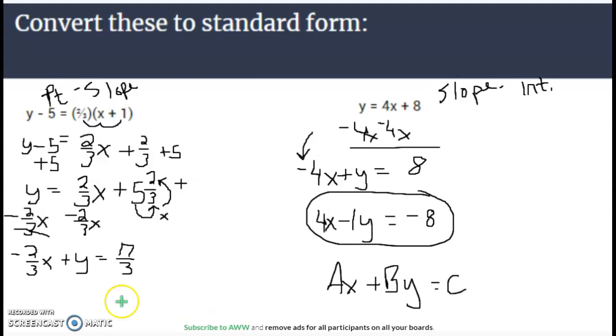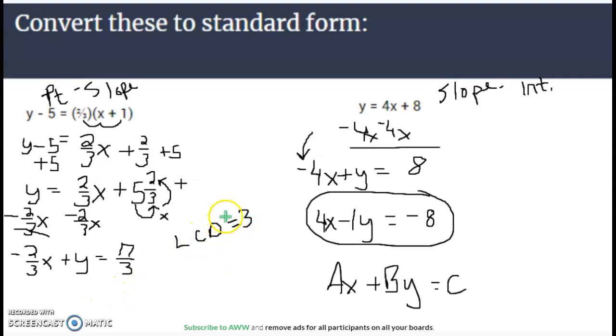Almost in standard form. The problem here is that we have fractions. We don't want fractions, we want whole numbers. Also, the first term, that a term, it's a negative. So here's what I'm going to do to get rid of the fractions. I'm going to determine the LCD, lowest common denominator, of all the denominators of all the fractions in this problem. 3. The only one is 3. That's not all.